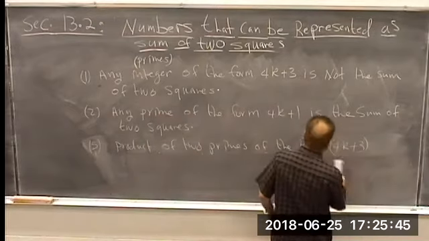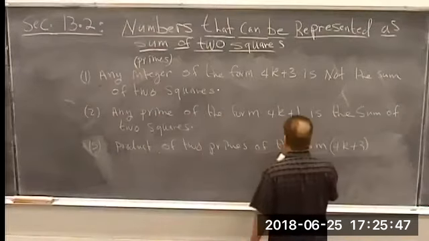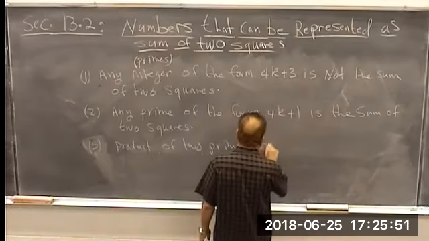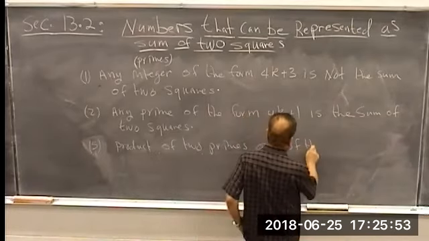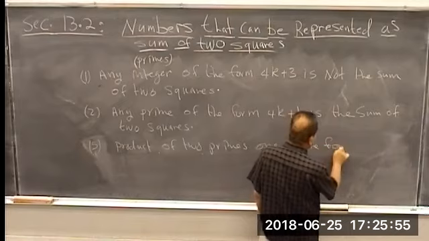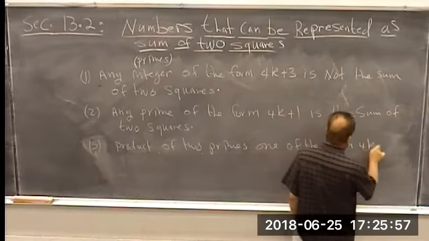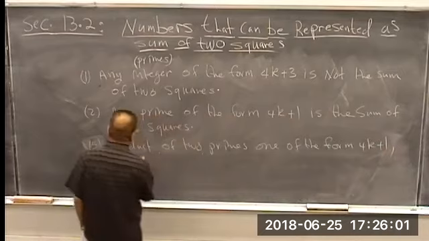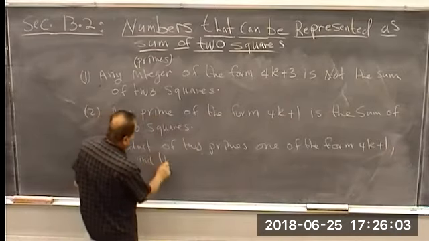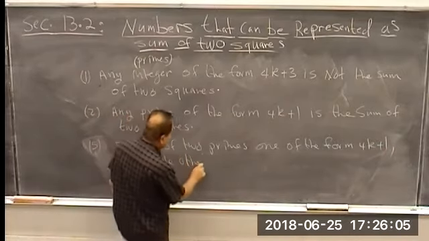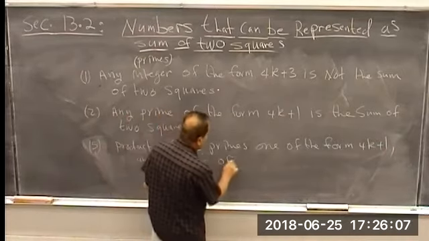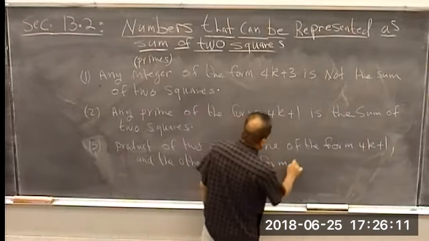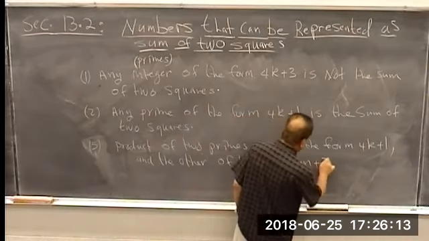Of course, you can check these. So 2 primes, one of the form 4k plus 1, and the other of the form 4k plus 3.